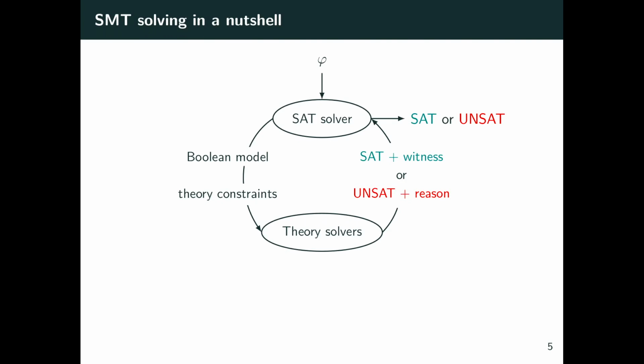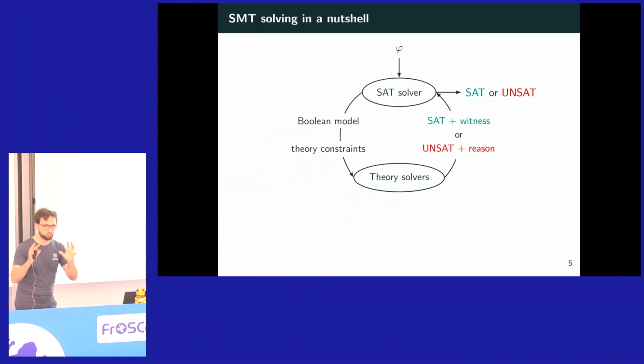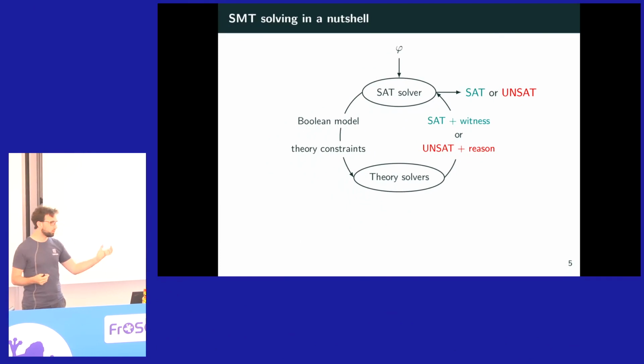in a very simplified scenario, an SMT solver combines a SAT solver, which solves only this Boolean construction, and you combine it with theory solvers. And the theory solver, you have multiple of these usually. One theory solver deals with one theory, so you have one solver for strings, one solver for integers, and so on.